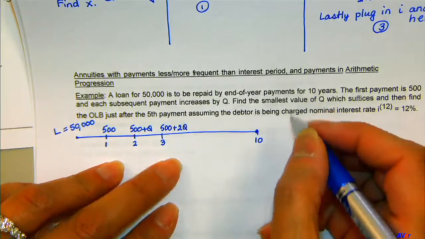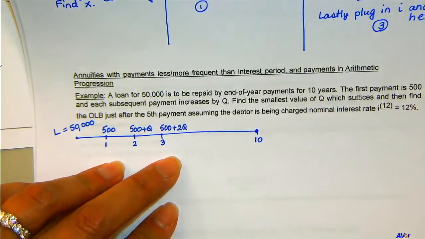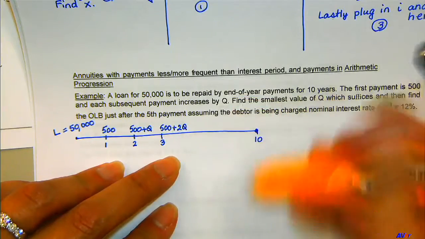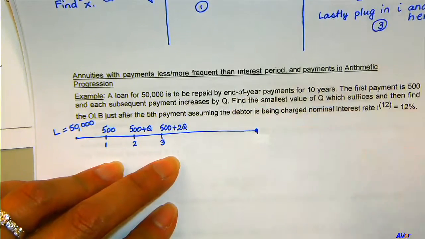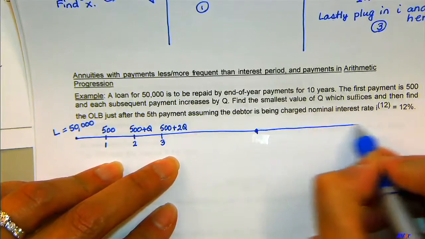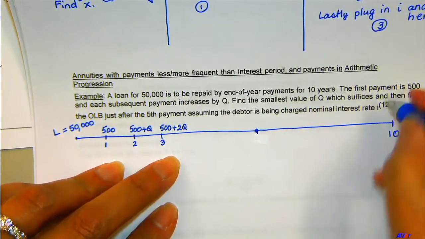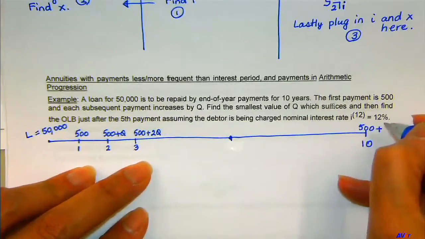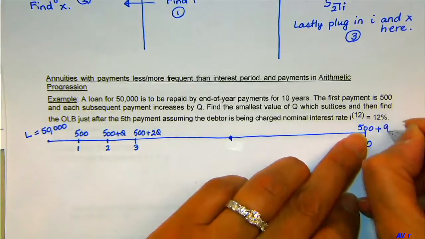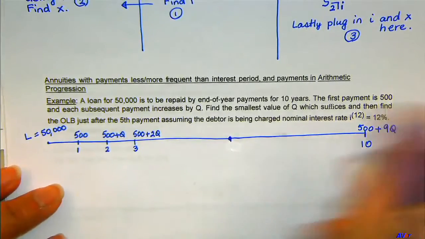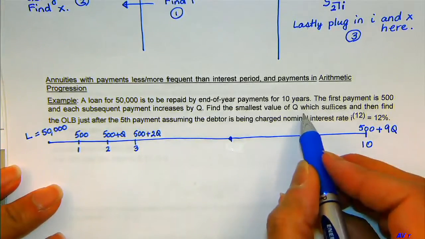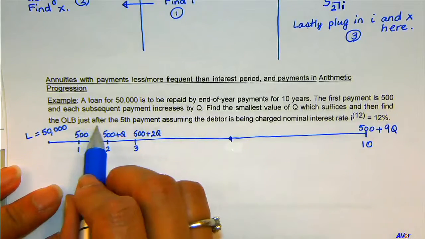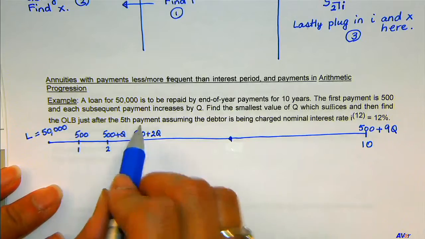I'm going to make this timeline a little longer because later they're going to ask me for OLB 5, so I need room. So the 10th payment will be 500 plus 9Q. Find the smallest value of Q which suffices, and then find the OLB just after the 5th payment.